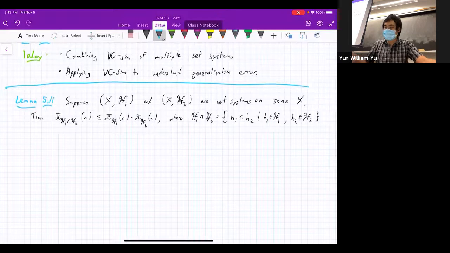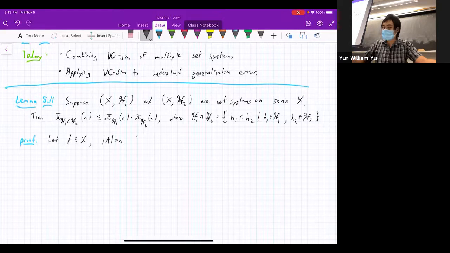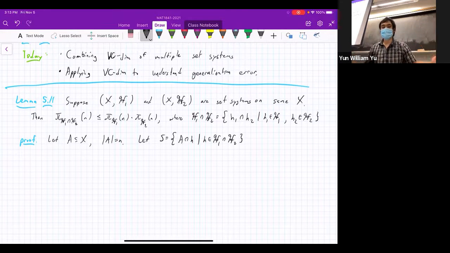Let's go ahead and prove this. The proof is fairly straightforward. Let's have some set A contained in X of size n. Let the set S be equal to A intersect H for all H in H1 intersect H2. These sets S are subsets of A that correspond to their intersection, so these are the representations.